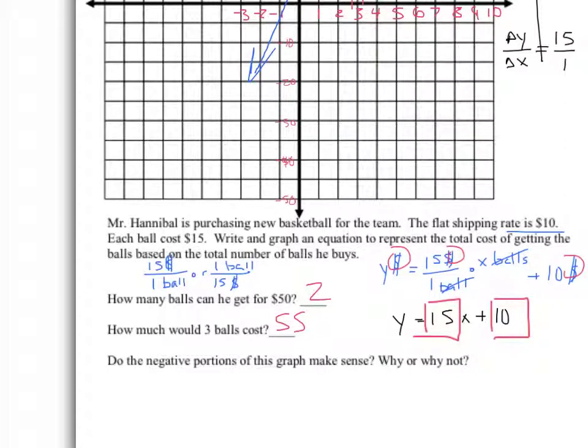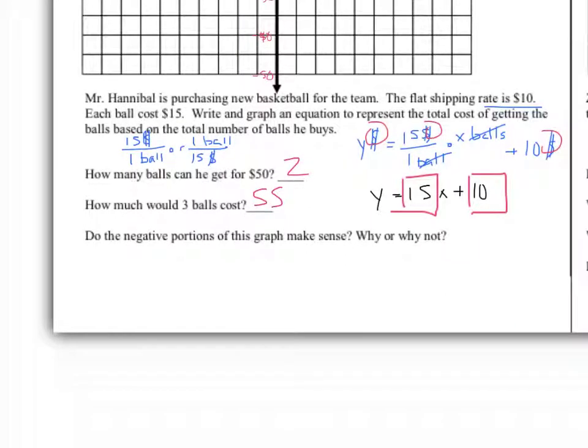That's not going to happen. Even if you have enough coupons to be like negative something, they're just going to say, you keep the rest of that coupon, that's yours. All right? So in this particular case, no. Negative costs and purchasing negative balls doesn't make sense.